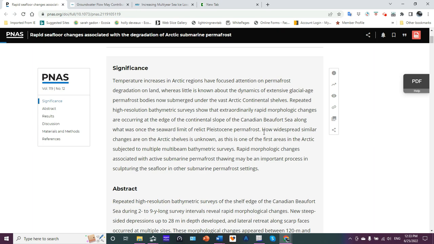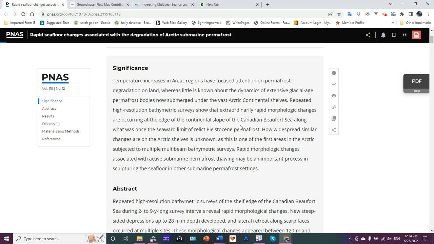Now, I want to point out what to talk about here: the edge of the continental slope. That phrase right there. Okay. That's basically the transition from the continental shelf to the slope, where the slope then becomes a steeper angle that then takes you to the bottom, to the basin.